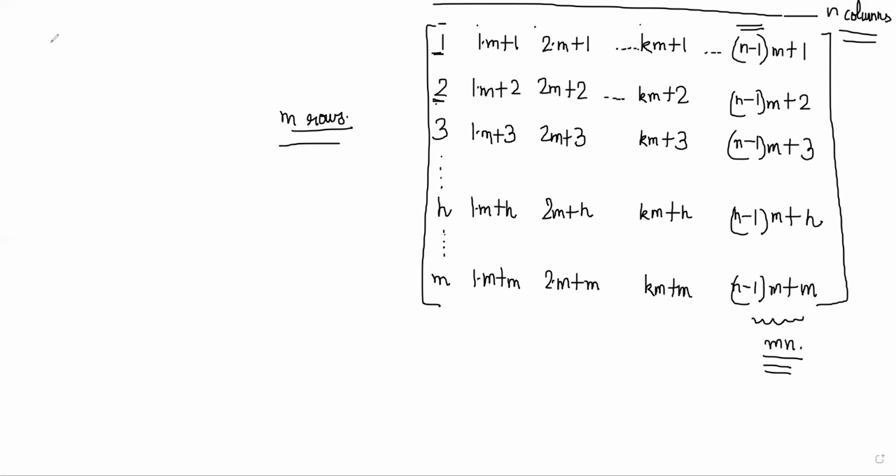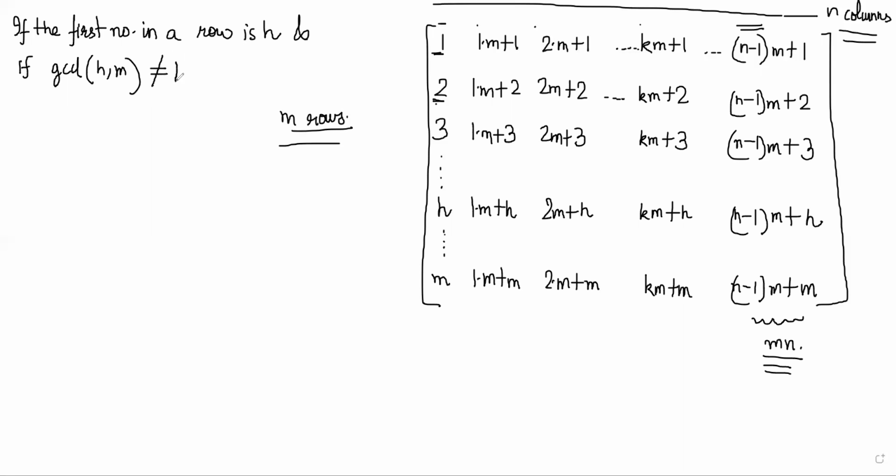Now think about it. If the first number in a row is H, and if GCD of H and M is not equal to 1, that means H and M have a common divisor, let's say D. If that happens, then D will divide all of these numbers in the row.